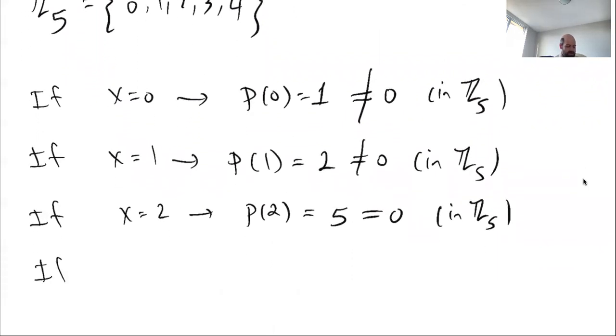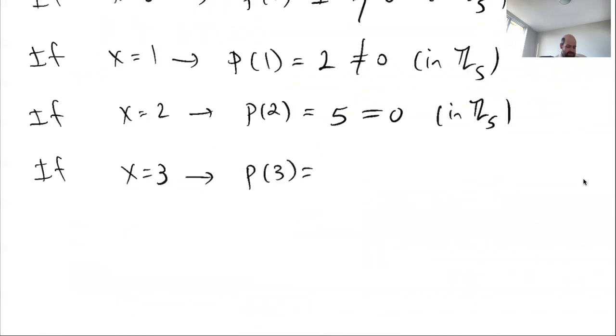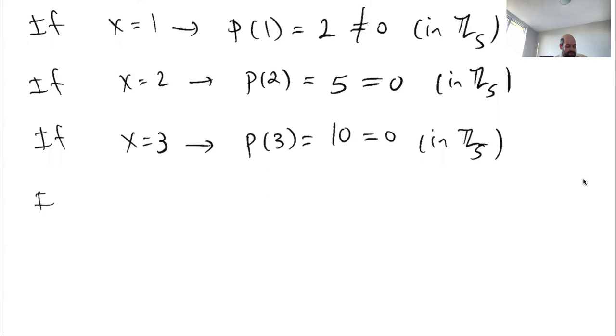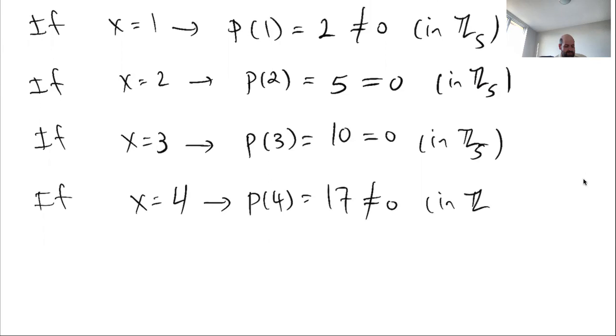Now let's check the next number. p of 3 is 9 plus 1, which is 10. Is 10 equal to 0 in Z5? Yes, because 10 is congruent 0 mod 5. And finally, if x equals 4, p of 4 is 16 plus 1, which is 17, not equal to 0 in Z5.